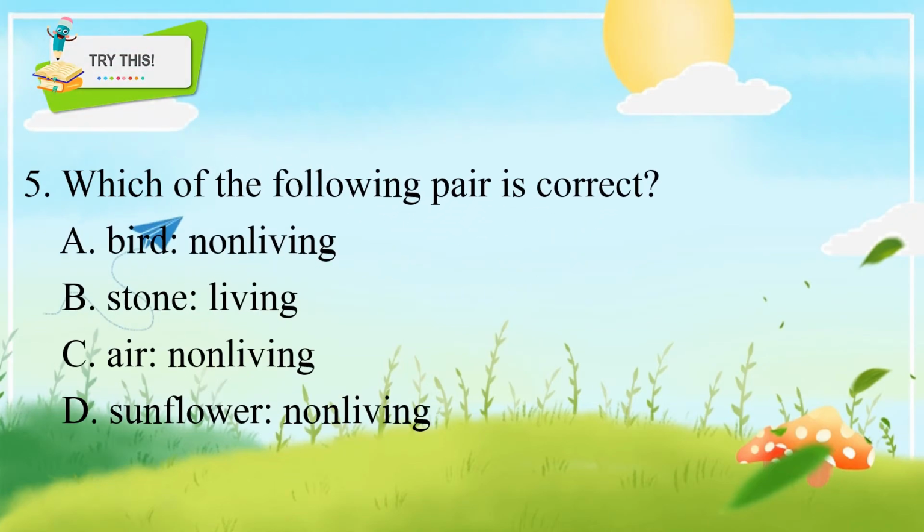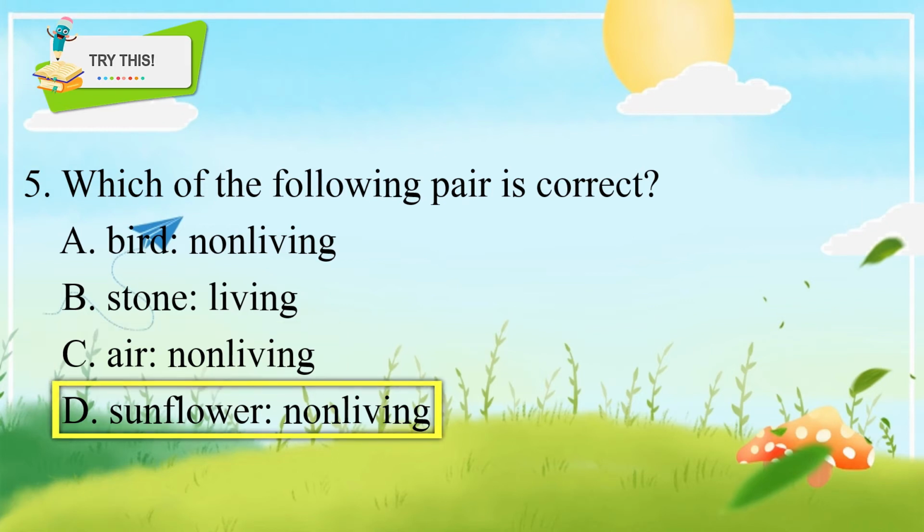Number 5. Which of the following pair is correct? A. Bird, non-living, B. Stone, living, C. Air, non-living, D. Sunflower, non-living.